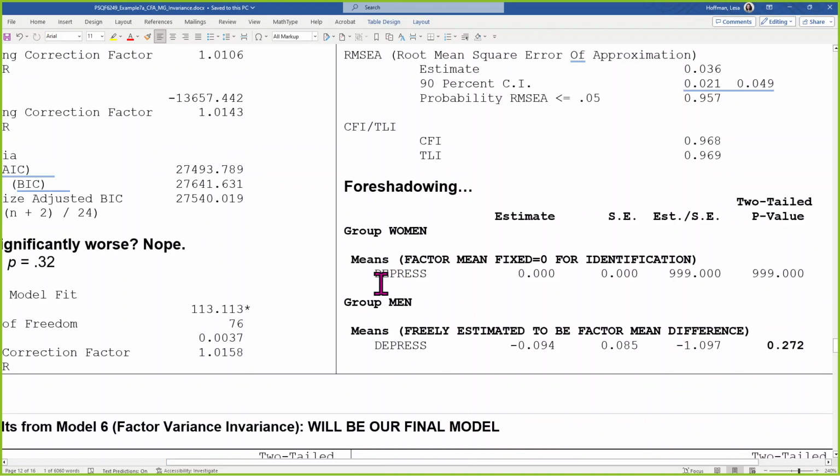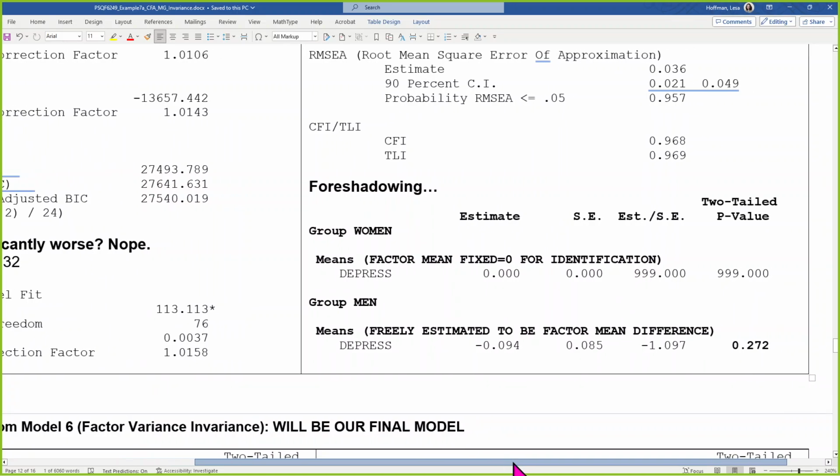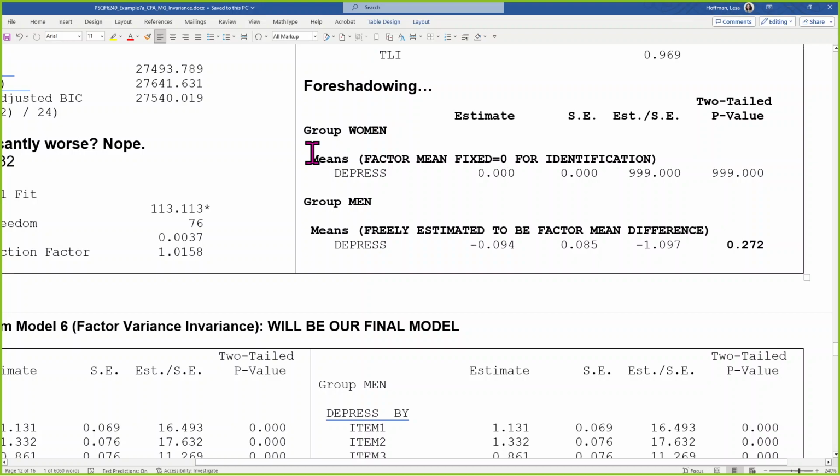I don't have any factor covariances in this model, so the last step is factor means. And I have foreshadowing here because these are the Wald test results for the factor mean. It's fixed to 0 in the reference group and it's freely estimated in the alternative group. And this p-value right here tells us what we need to know.